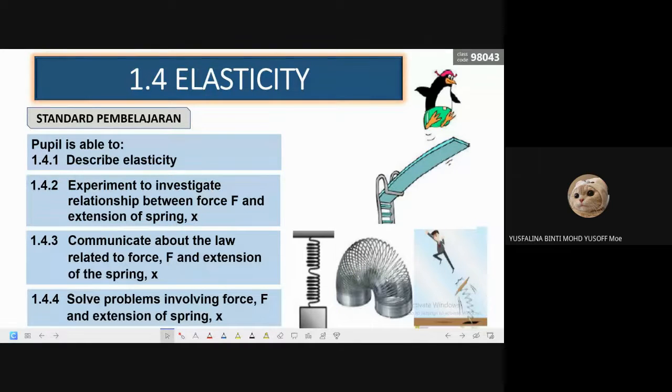Then you have to communicate the law relating force and extension of the spring, which we call Hooke's law. And in 1.4.4 you have to solve a problem involving force F and the extension of the spring.